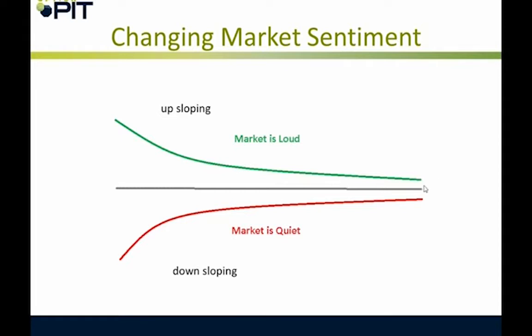When you have this upsloping term structure, the market is loud. That is when those assumptions stop working. When we have a downsloping term structure like we do right now, that's when the market is quiet. That's when a lot of those assumptions work.